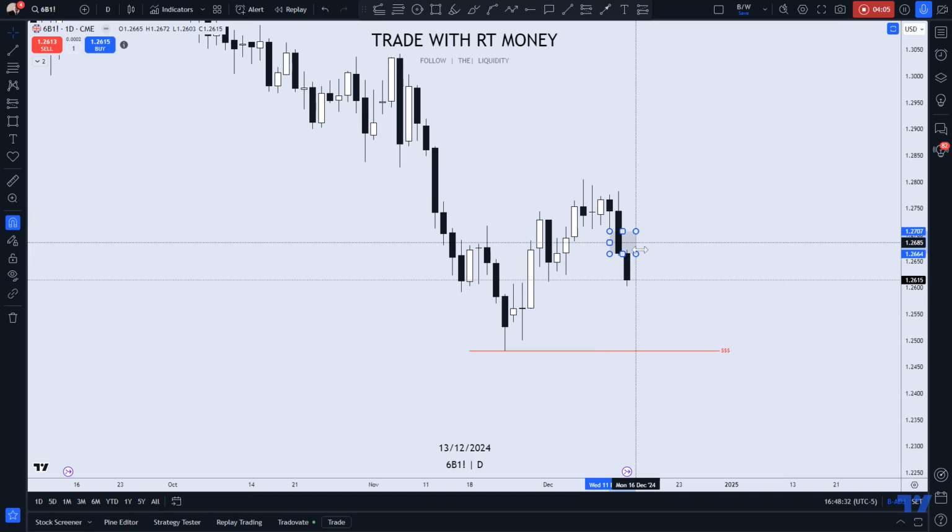Look at that. And you see how we have a breakaway gap. This one closed well below the low of the previous day. Friday closed very strong. There may be no reason for price to come back up here. So we're going to see if we develop bearish fair value gaps here that come Monday and Tuesday.